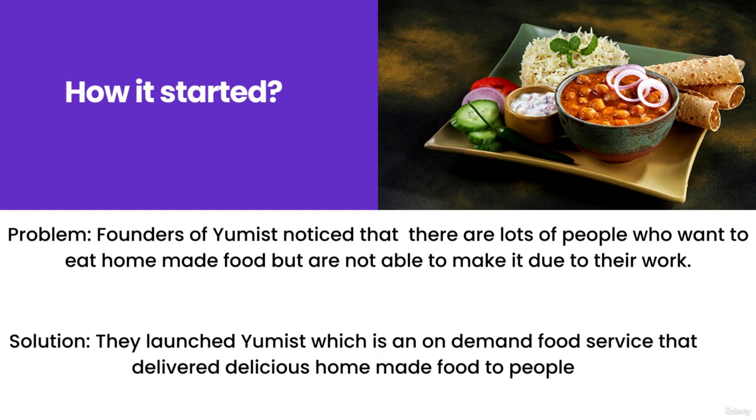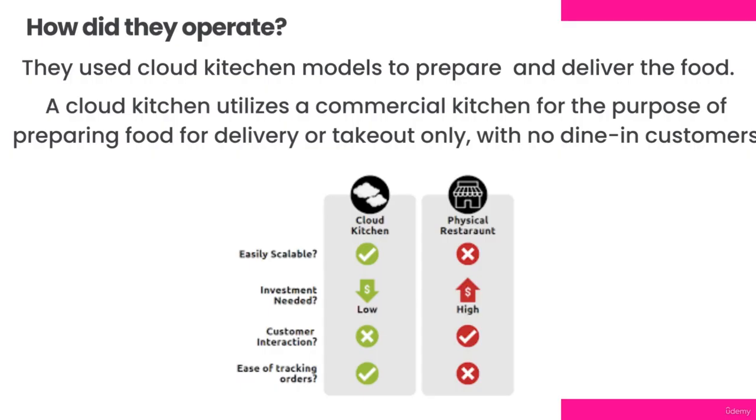Now understand, this was not a marketplace. It was not like Yummist was connecting some home chef with the customers. In fact, let's understand how they operated. Yummist used the cloud kitchen model to prepare and deliver the food. Now what is a cloud kitchen? A cloud kitchen is a kitchen that is used for the purpose of preparing food and delivering it.